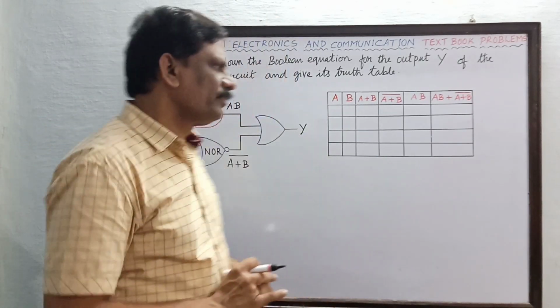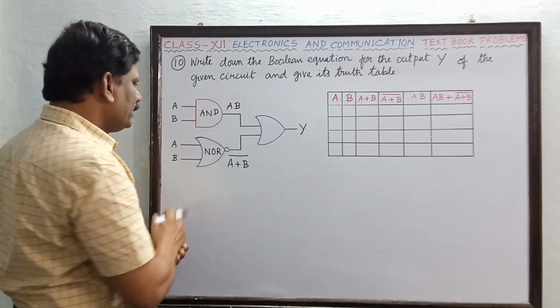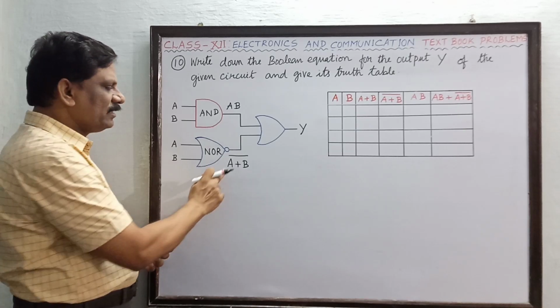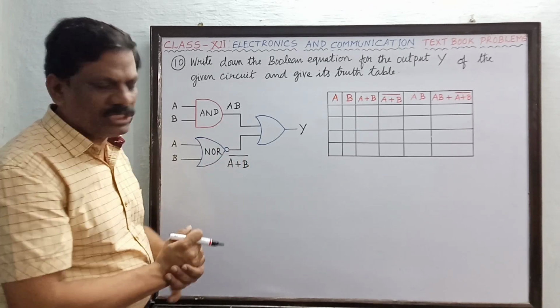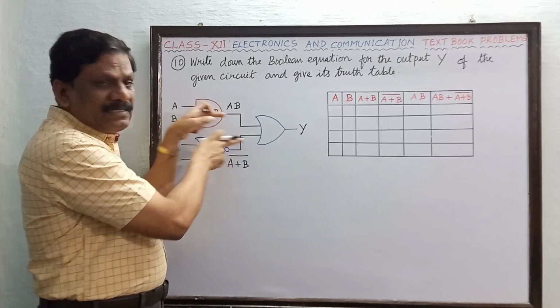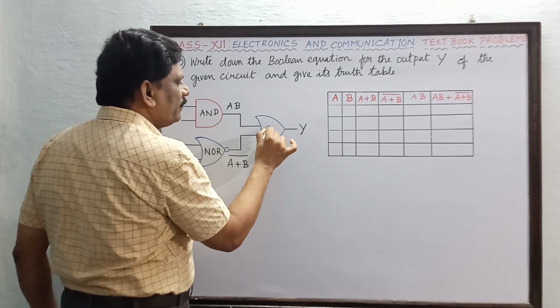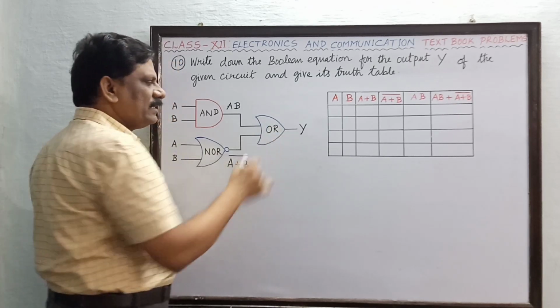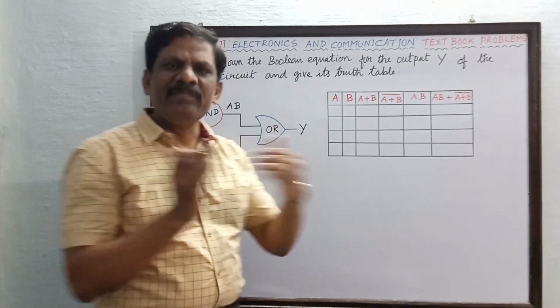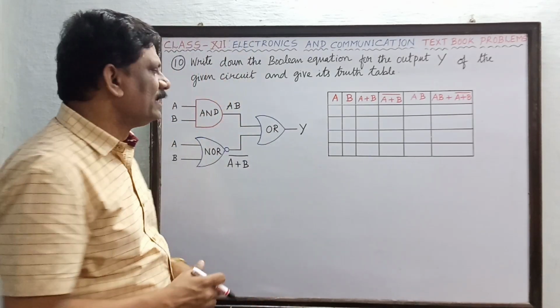Okay children? So the output of the AND gate is AB and the output of the NOR gate is complement of A plus B. These two are now given as the input for the third gate, which is an OR gate. ORing means arithmetic addition, the sum.